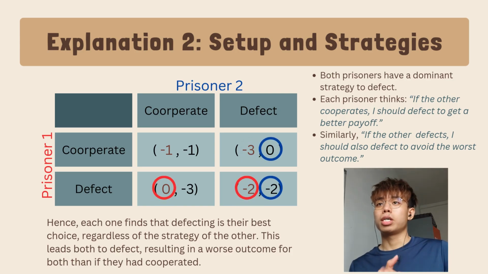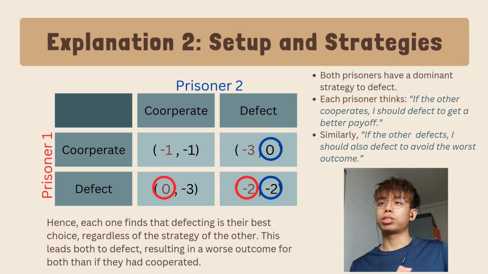Okay, now let's have a look at prisoner 1's strategy, which is to cooperate or defect. If prisoner 1 chooses to cooperate, while prisoner 2 also cooperates, prisoner 1 will get a gain of -1, while if prisoner 2 chooses to defect, prisoner 1 will get -3.